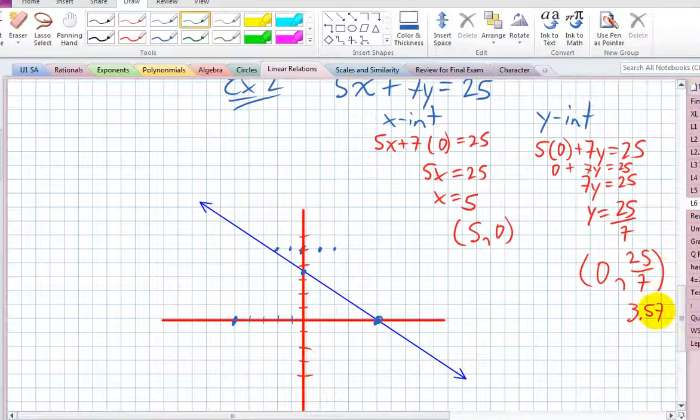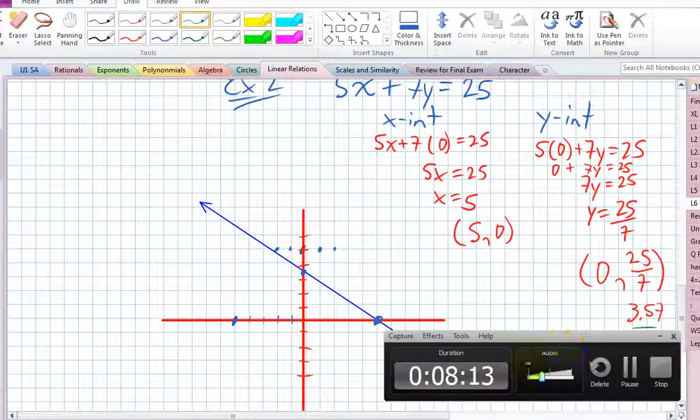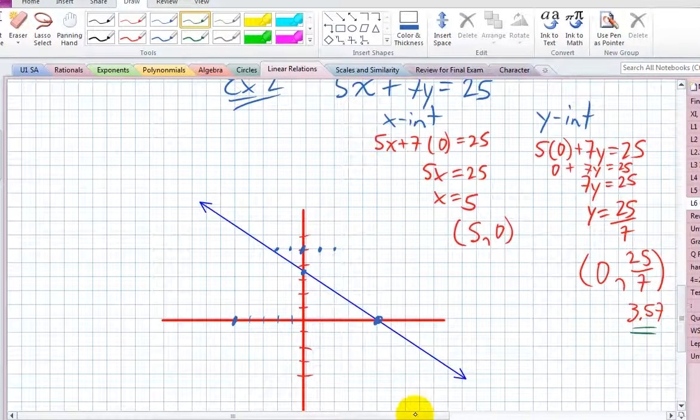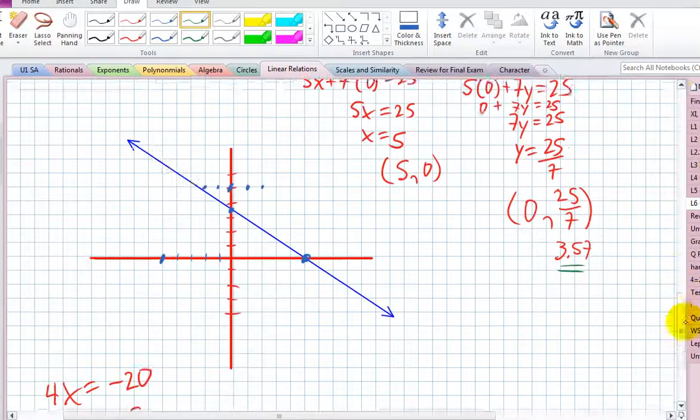Now to plot 25 over 7, I turn it into a decimal. Right? You want the fraction as the answer, because that's exact. But then to help plot it, you probably have a better idea where 3.57 is. So that's what I would use, 3.57. Okay? So, any questions about the graphing?